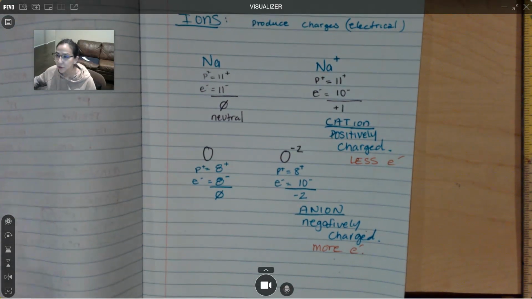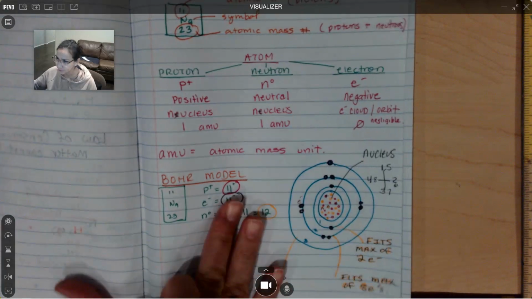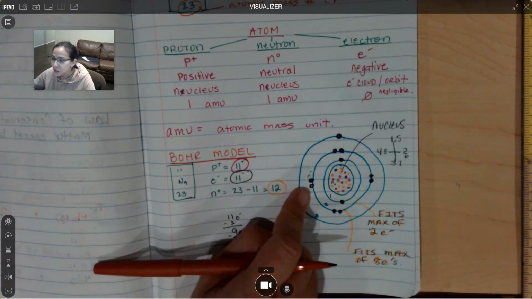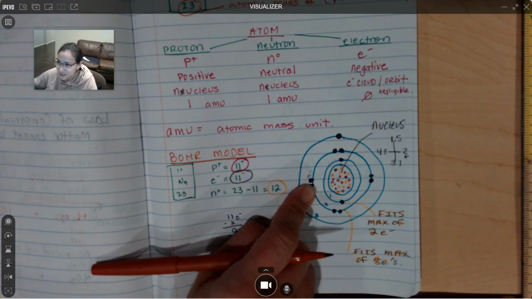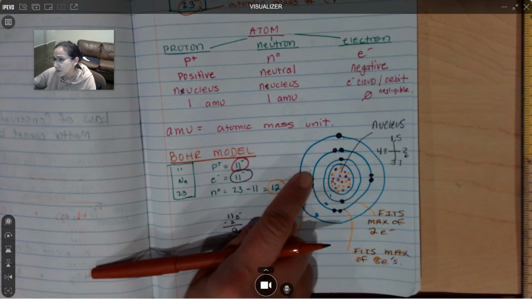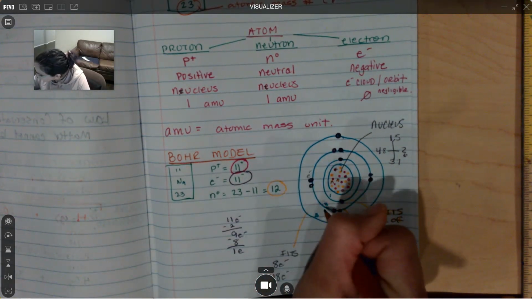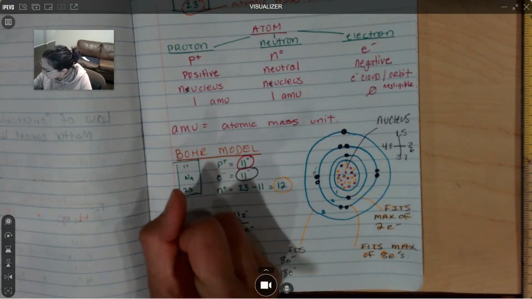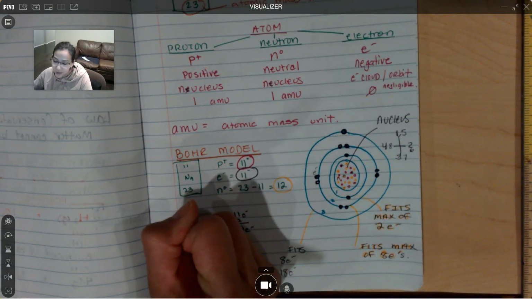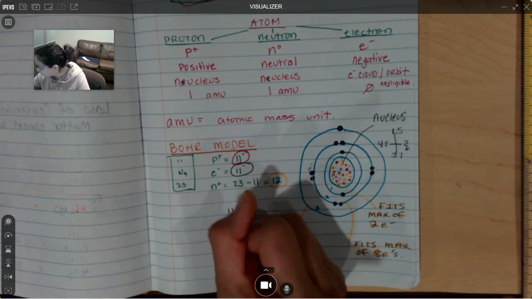I'm going to quickly go back to this one right here. Something I forgot to mention: going back over here, this shell is full of electrons, right? If a shell is full, it's said to have met its octet.